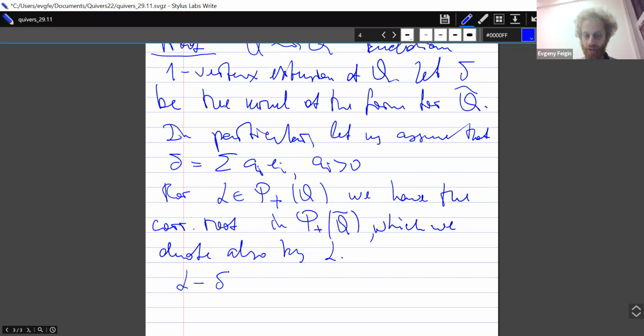So we take our alpha. Recall once again that alpha is just the trivial extension of a root for Q to a root of Q tilde. And we subtract delta and we wonder whether this root is positive or negative. Remember that we know a priori that any root is either positive or negative, so there can't be a mixture.